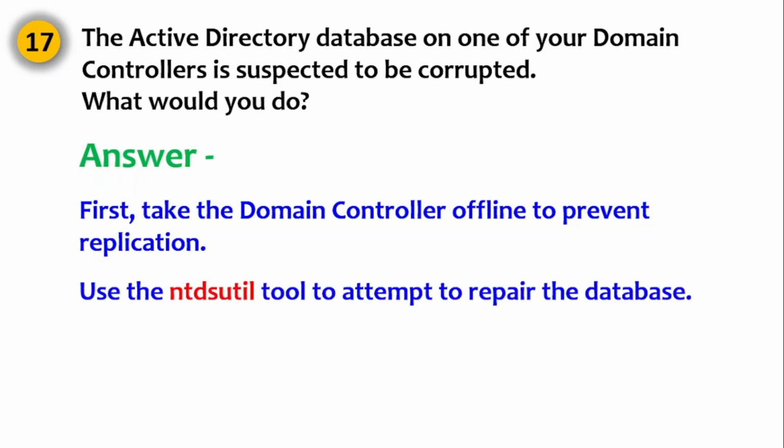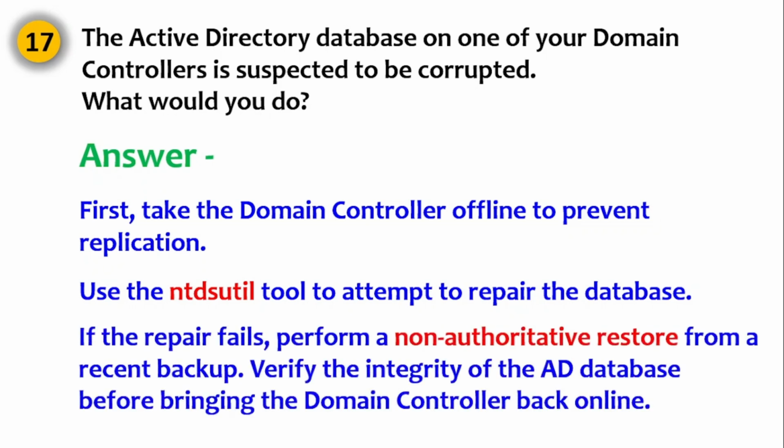And then we will use the NTDS tool to attempt the repair on the database. And if the repair fails, then we have to perform a non-authoritative restore from the recent backups. And after that, we need to verify the integrity of the database, again using the NTDS utility, and then we can bring the domain controller back online in the domain.